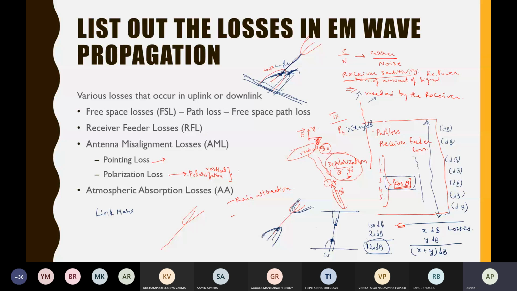So link margin is how large the transmitted power is after deducting the losses and receiver sensitivity.